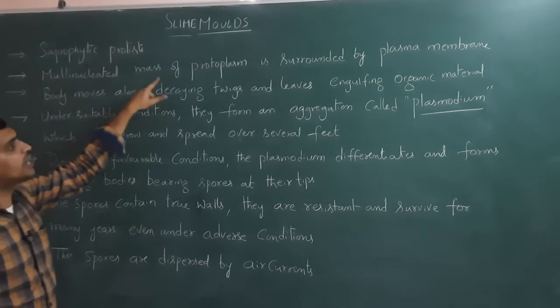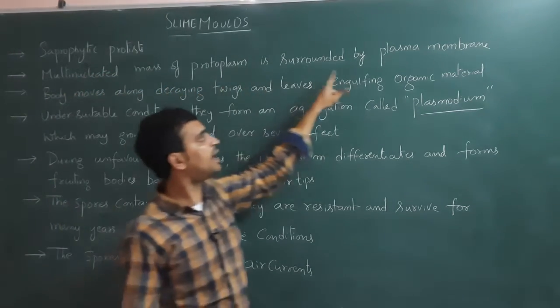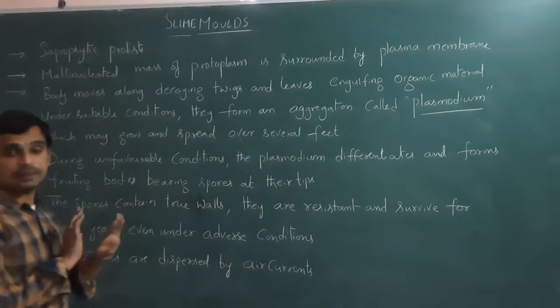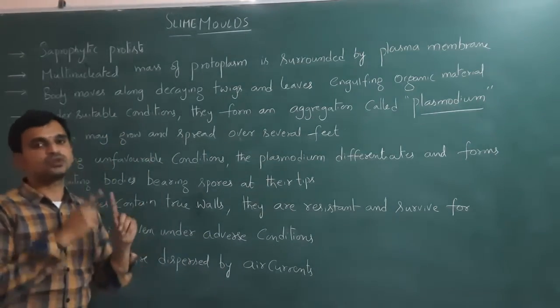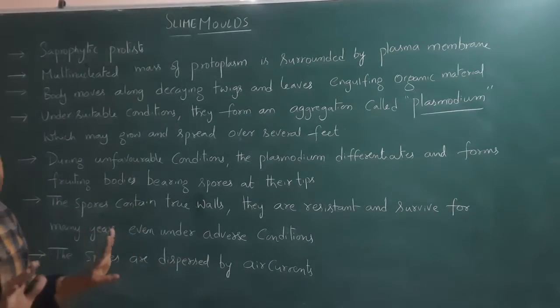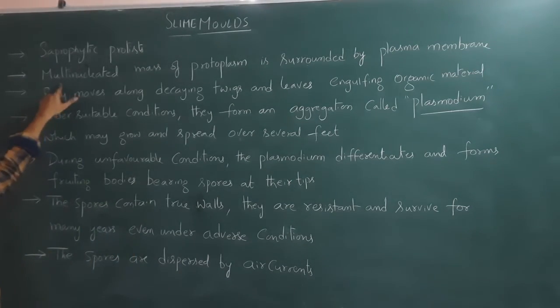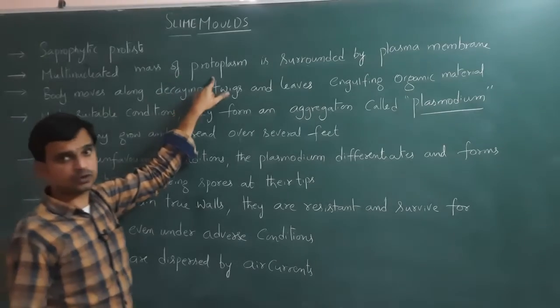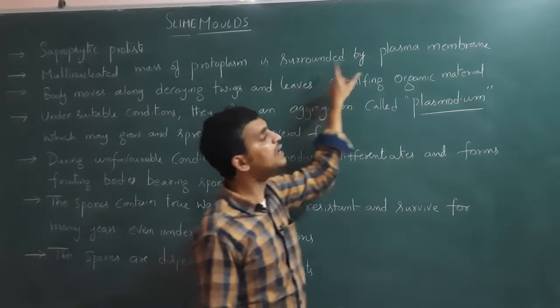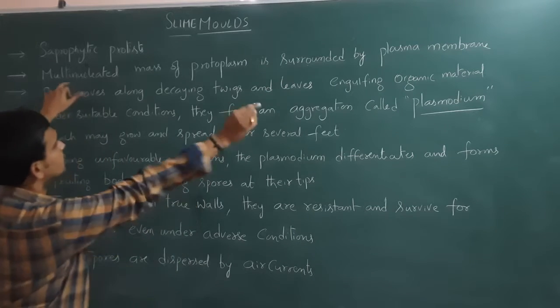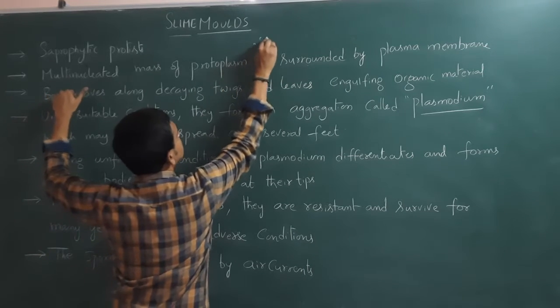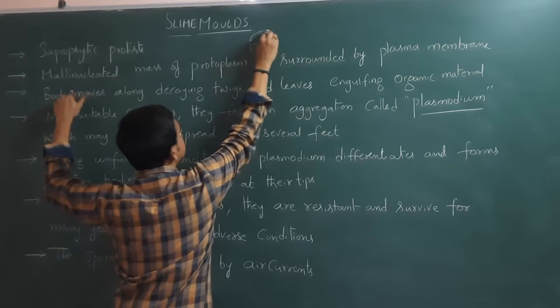The multinucleated mass of protoplasm is surrounded by plasma membrane. Here the slime molds also do not contain a cell wall, like the euglenoids. So euglenoids and slime molds do not contain the cell wall. Here, this is the multinucleated mass of protoplasm surrounded by plasma membrane like this.